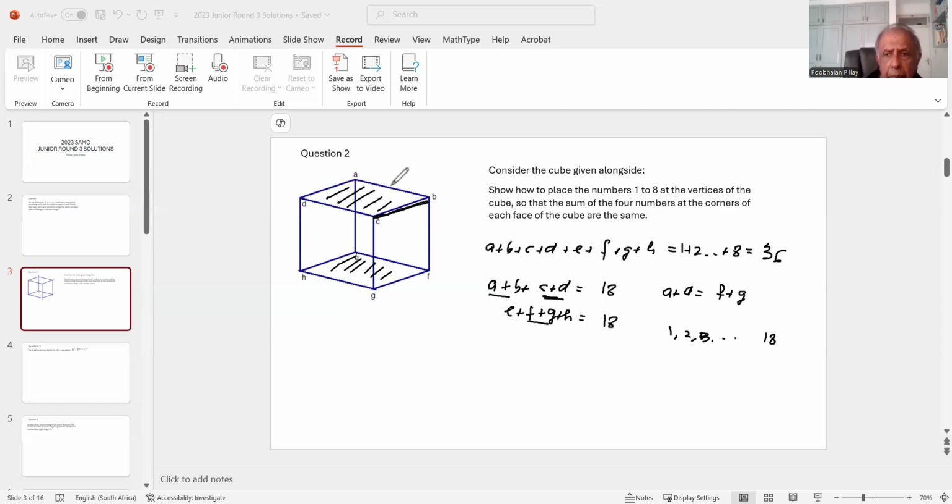Those two numbers and those two numbers altogether add up to 18. So I could have 5 and 13, or 6 and 12, or 7 and 11, and so on. Let's take 5 now. I'm going to take two numbers which add up to 5 and see what I can do with that.